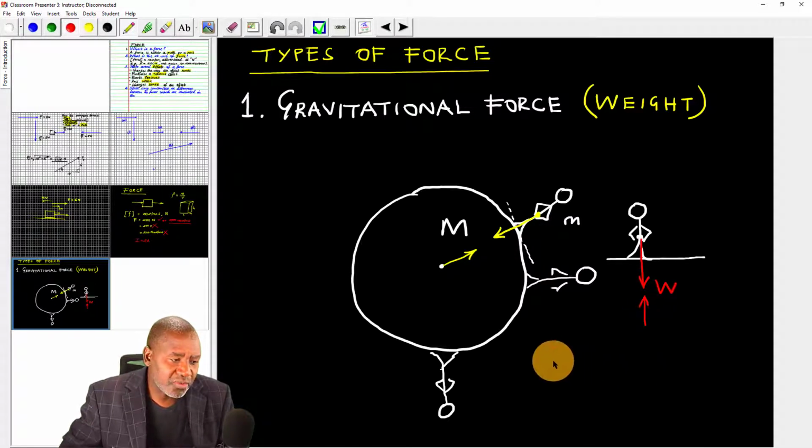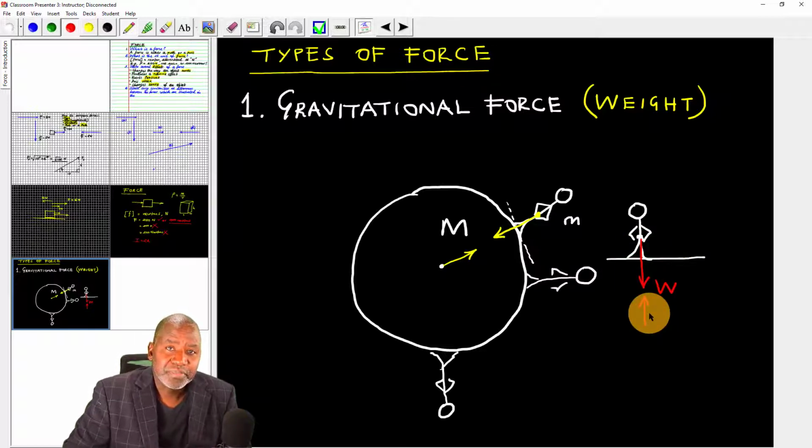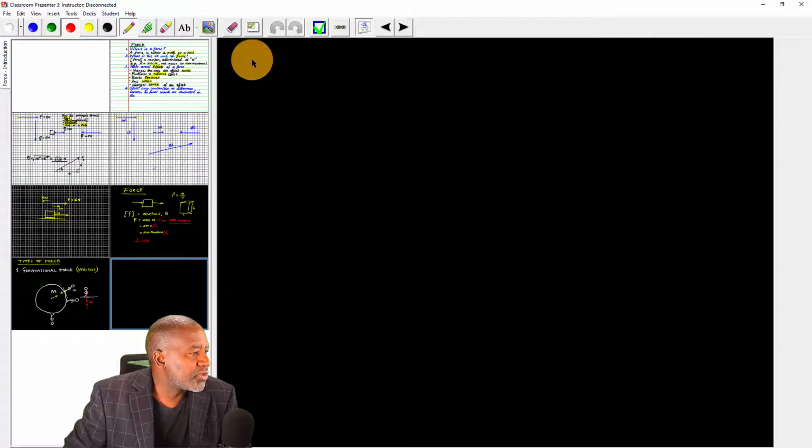If you're talking about an object, maybe a box on the surface of the earth, the same type of force will be given. Now let's talk about the next type of force, which is reaction. So the second type of force that I want to talk about is action and reaction.